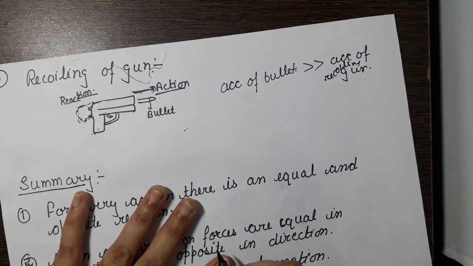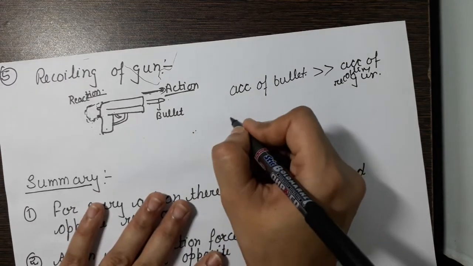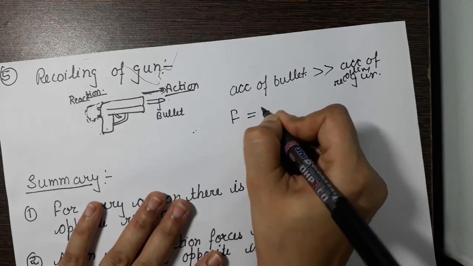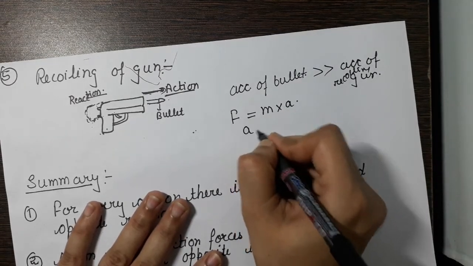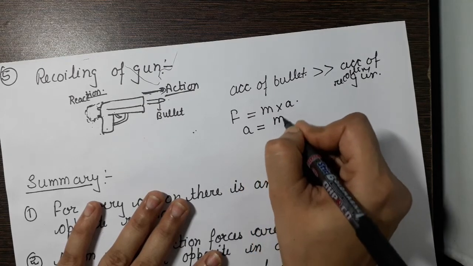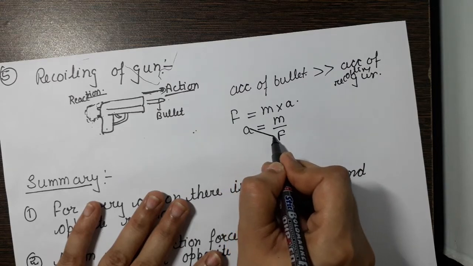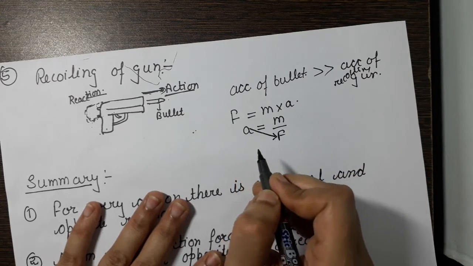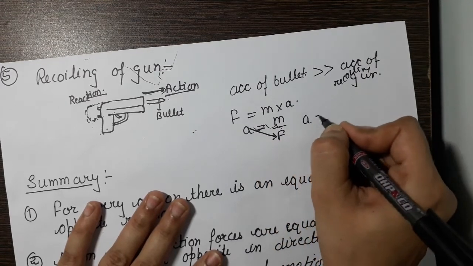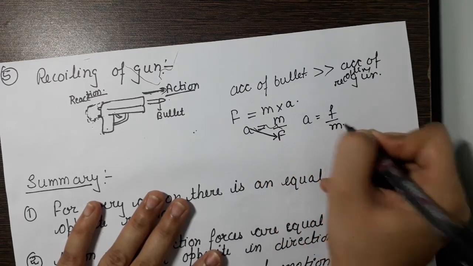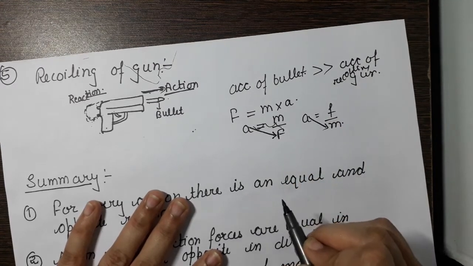Why does this happen? This can also be explained with the help of Newton's second law. We know force is equal to mass into acceleration. From here we can write acceleration is equal to force upon m. Here we can see that acceleration is inversely proportional to mass.